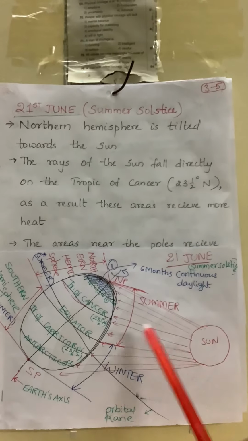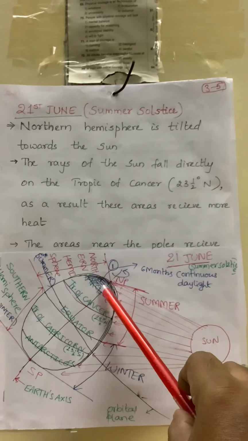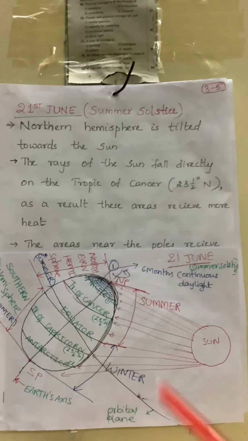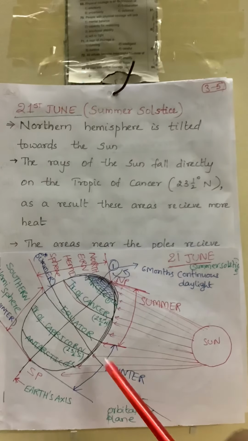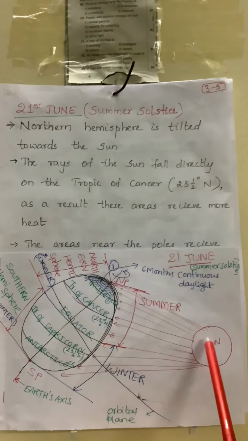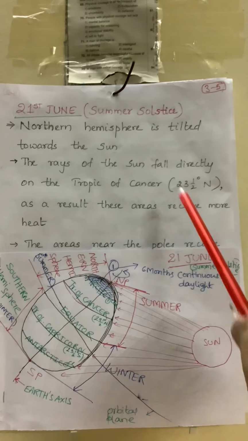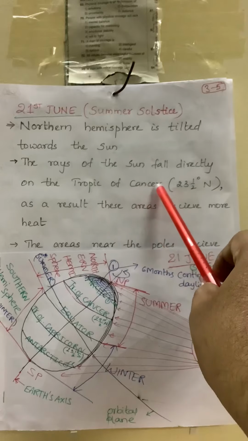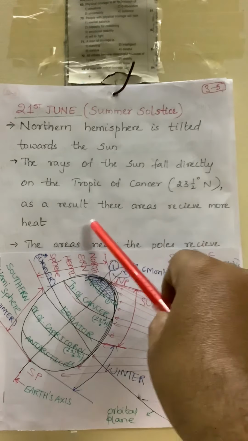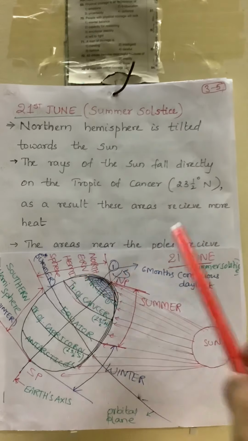So the tilt of the northern hemisphere towards the sun is known as summer solstice. And during this moment, when the northern hemisphere is tilted towards the sun, the sunlight directly falls on Tropic of Cancer, that is 23.5 degrees north. As a result, these areas receive more heat.